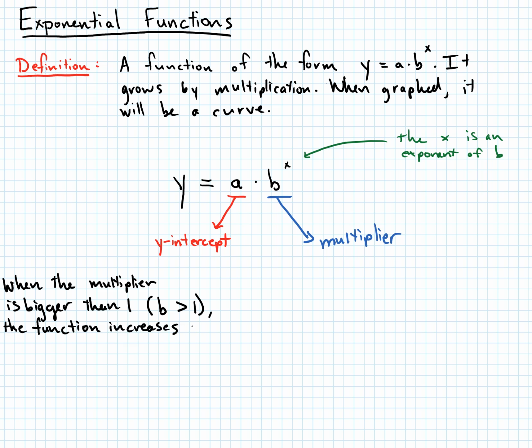That should make sense, right? Because if you multiply a number by something bigger than 1, the number is going to get bigger. And so when we graph our exponential function, it will be increasing, and it'll look something like this.